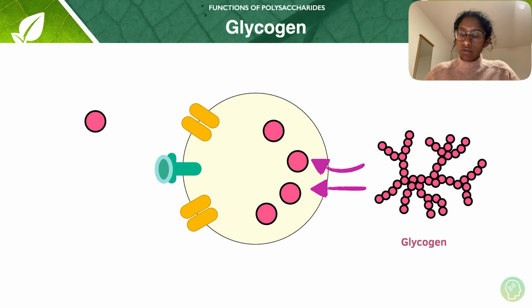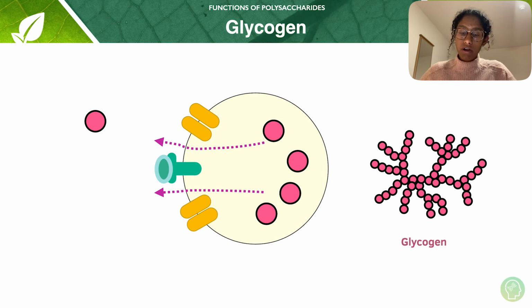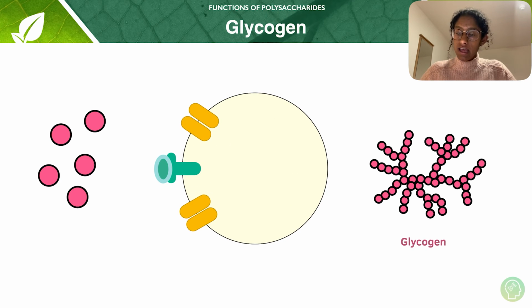And glucagon is going to stimulate breakdown of glycogen into glucose, which means that glucose can then pass into the blood and be utilised by cells in respiration. And the glucose concentration in the blood rises back to normal.